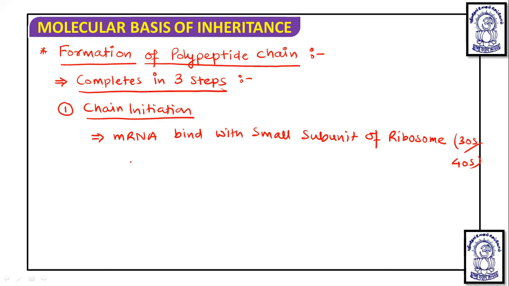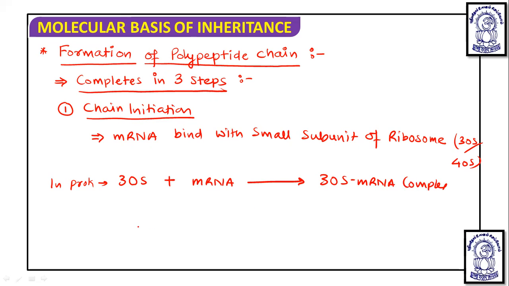Mainly talking about 30S in the case of prokaryotes, the 30S subunit of the ribosome binds with the mRNA and forms a 30S mRNA complex.